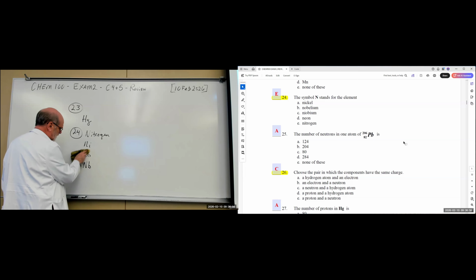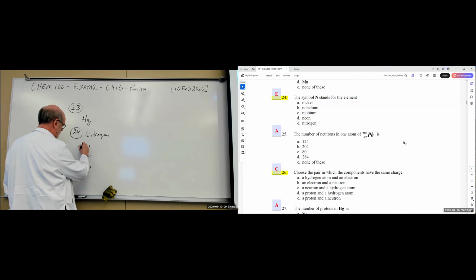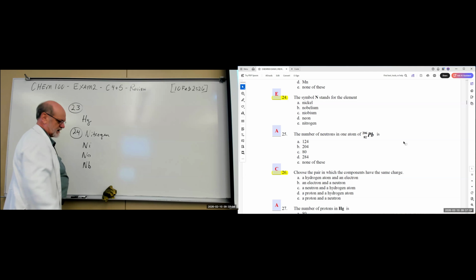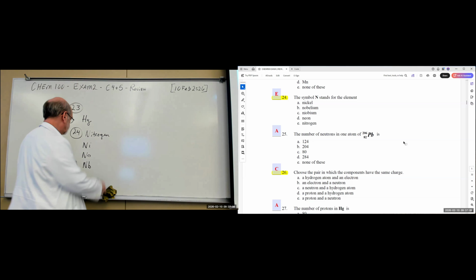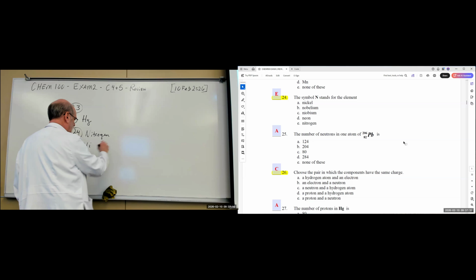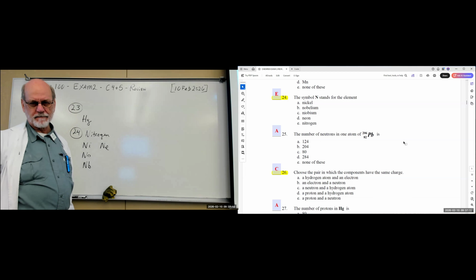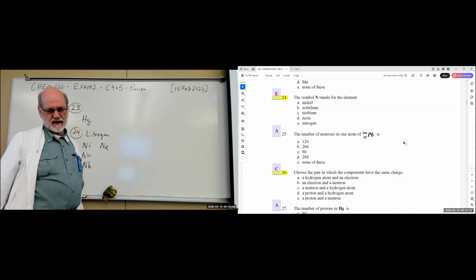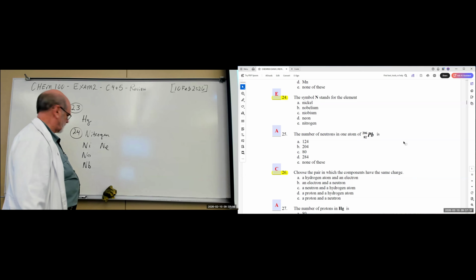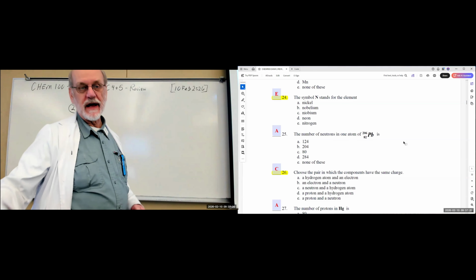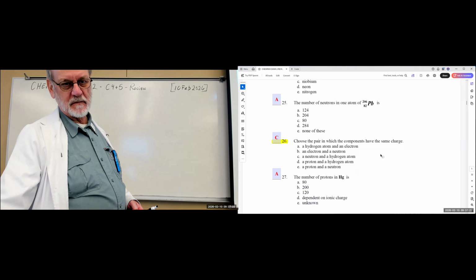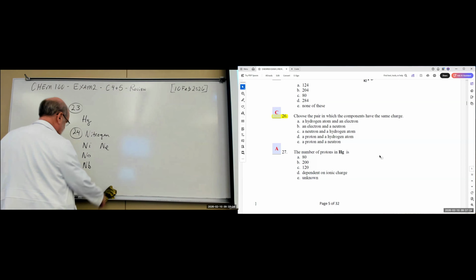Let me write that correctly. Those are capitals. Okay. Niobium. Neon is Ne. And that looks like all the ones we have. Nickel. Yeah. Those are all our selections. N stands for nitrogen. 26.